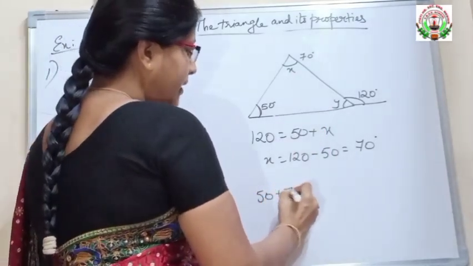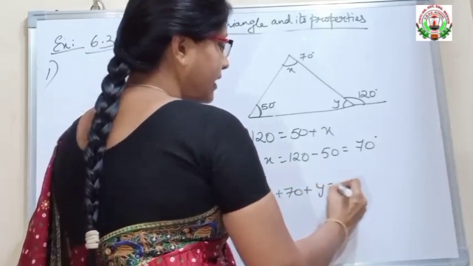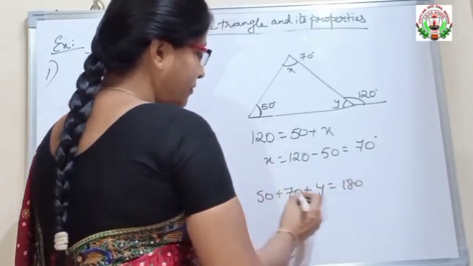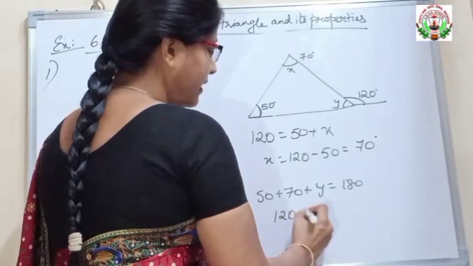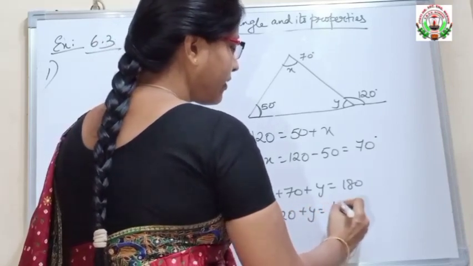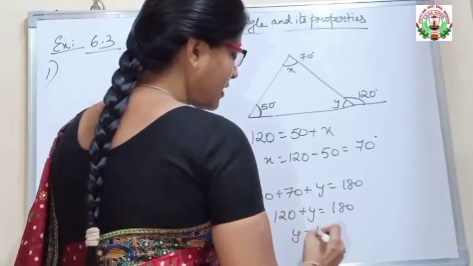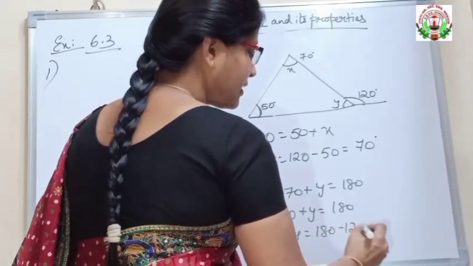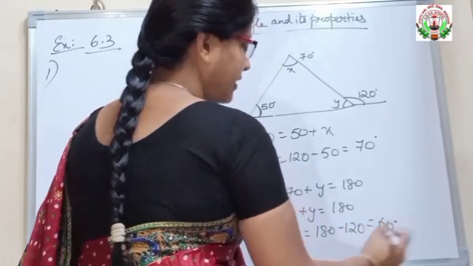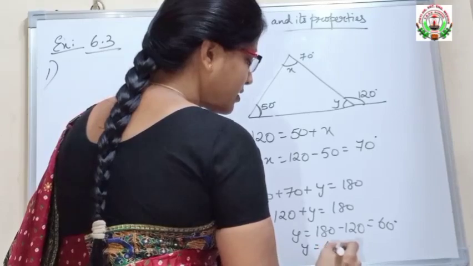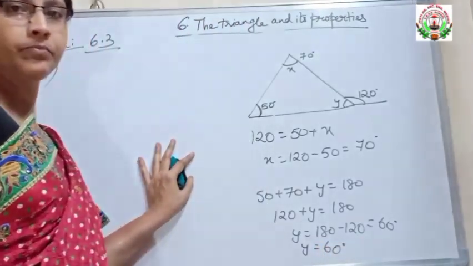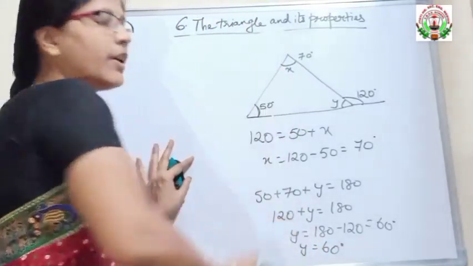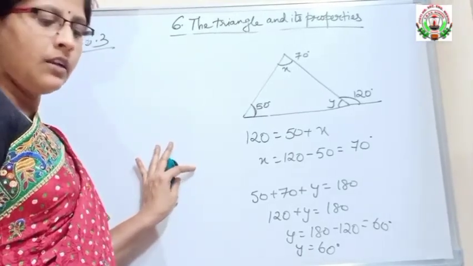So 50 plus 70 plus y is equal to 180. 50 plus 70 is 120, plus y is equal to 180. Y is equal to 180 minus 120, it is 60 degrees. Therefore y is equal to 60 degrees. In this way also we can solve.